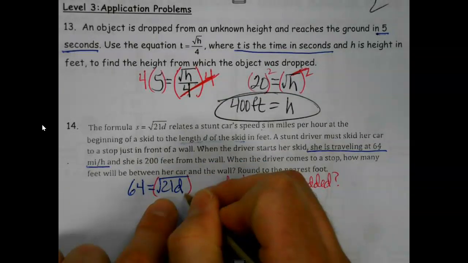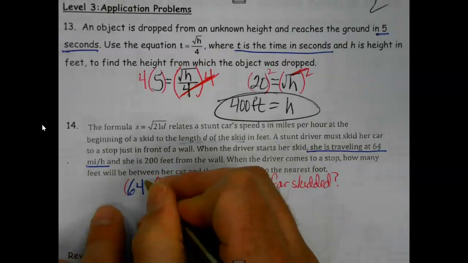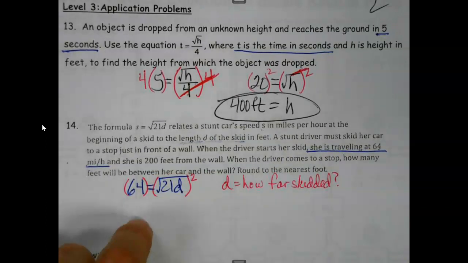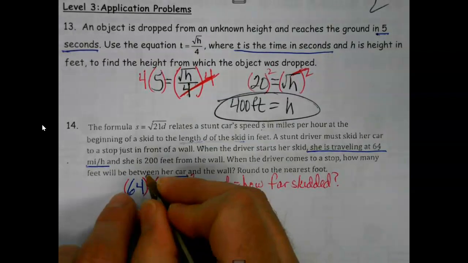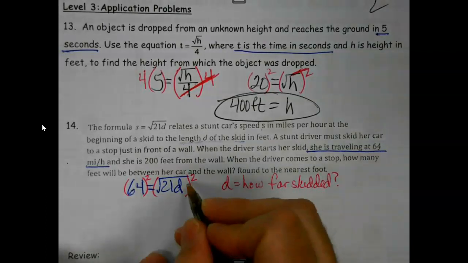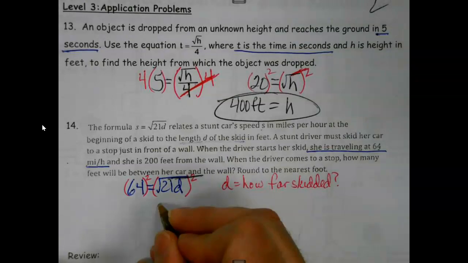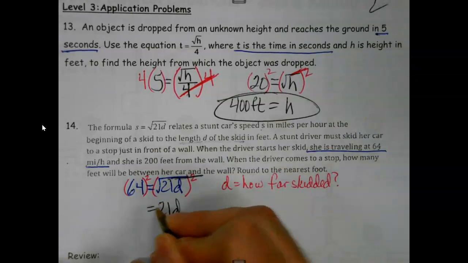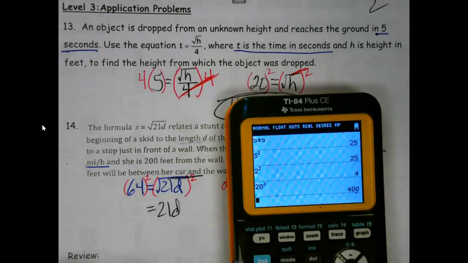If the radical is the first thing in your way, that is going to be the first thing that we are going to do here. And you're like, ooh, this number could get kind of big. It could. So here, those cancel. So 21D, 64 squared, that's going to be a large number.